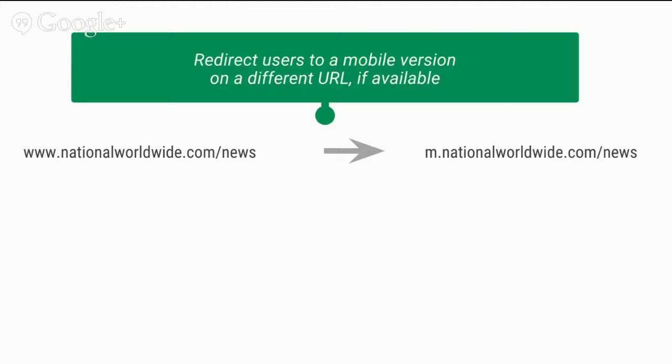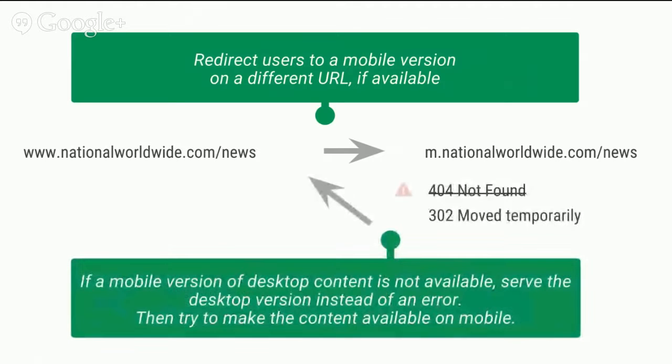That's a good behavior. And the follow-on is, if there is not a mobile version of that desktop content, you're better off redirecting them to the desktop version instead, rather than actually showing them an error page. Then you should make an effort to try to make the content available on mobile. But broadly speaking, if you have a user that's already on your page, and you do have content to serve that user, ideally that content is mobile friendly.